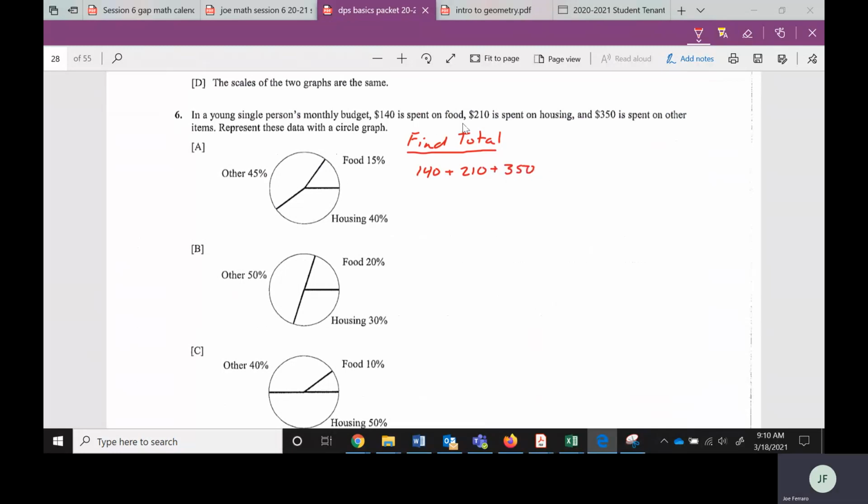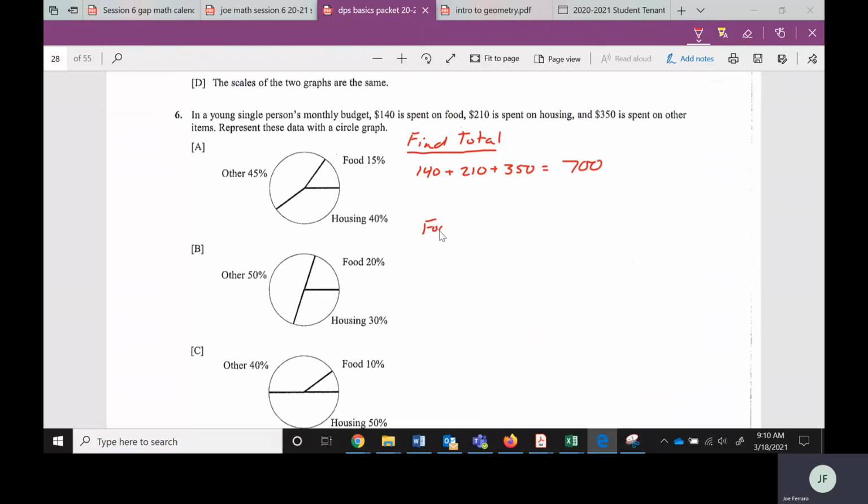Okay, there's 140 on food, 210 on housing, 350 on other. You add those up, you get $700. Okay, then after that, you're going to find what percent are each of these items.